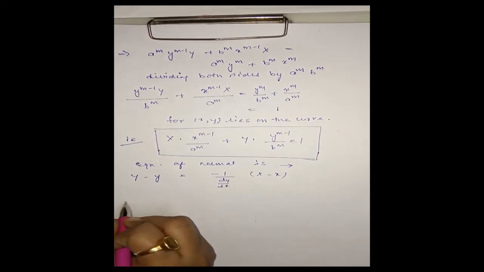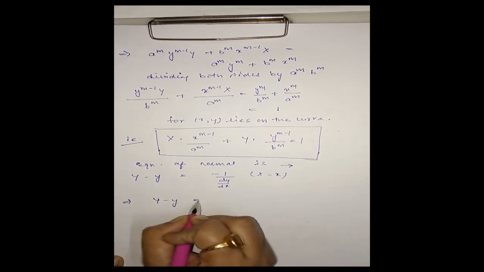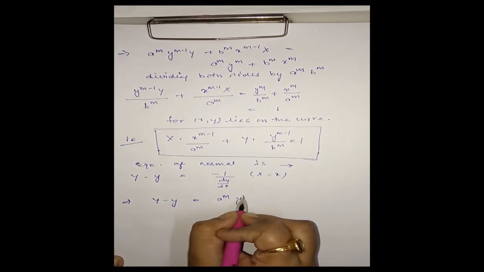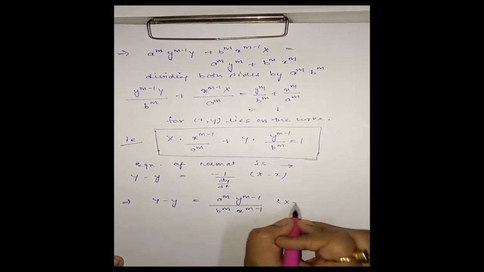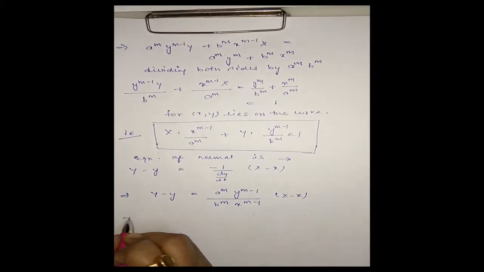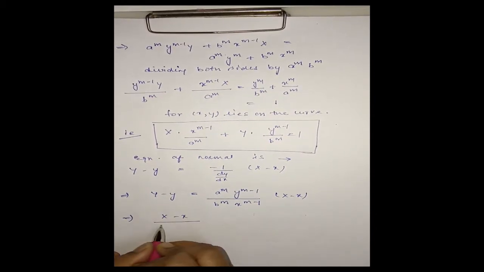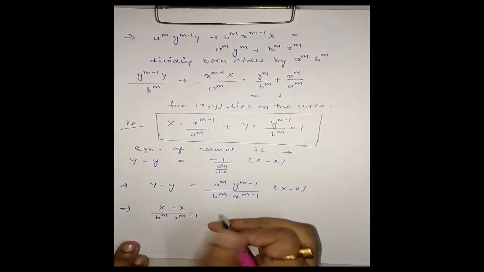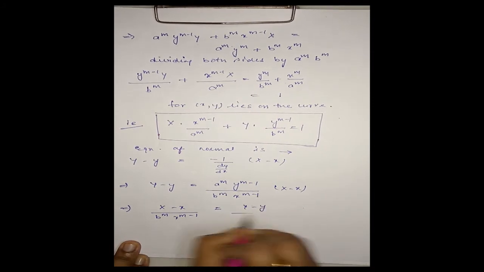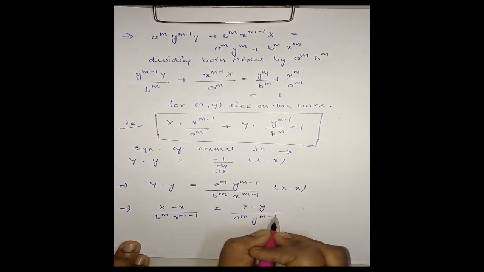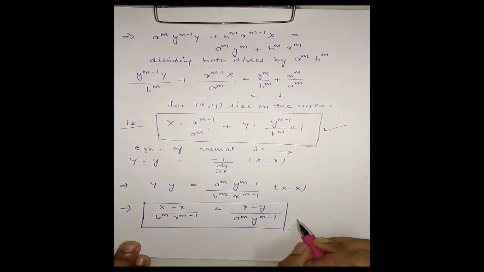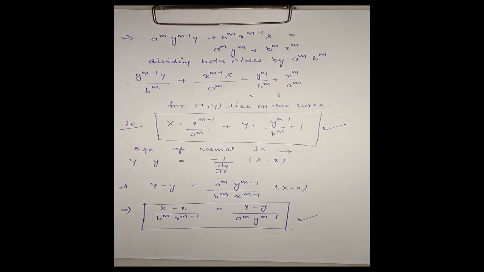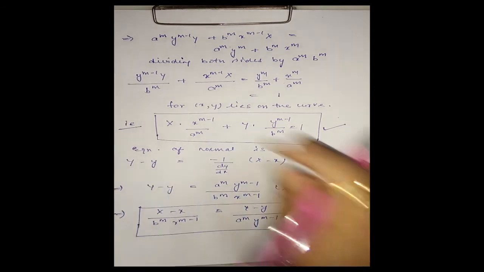Now on substituting values, I get capital Y minus y is equal to am ym minus 1 upon bm xm minus 1 into capital X minus x, which can also be written in this form. Now this is my equation of normal to the given curve. This is the equation of tangent and this is the equation of normal.